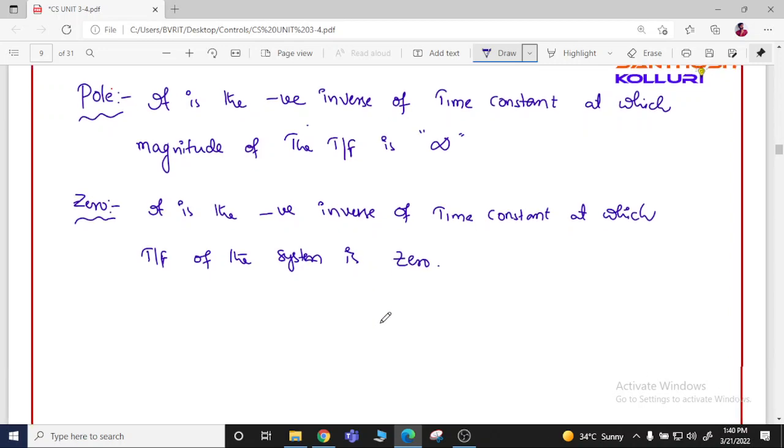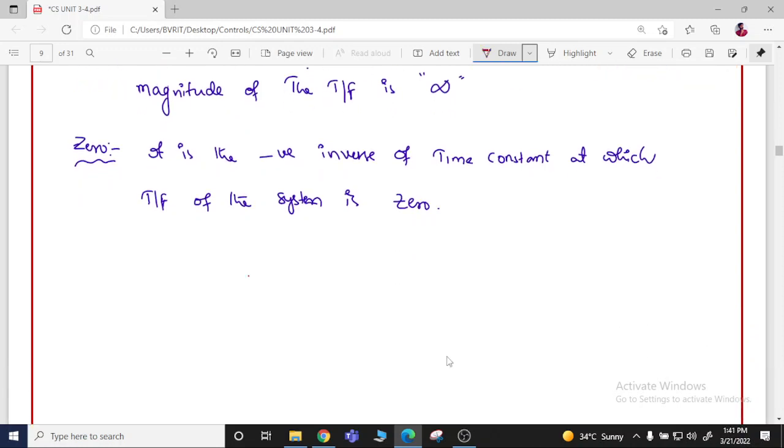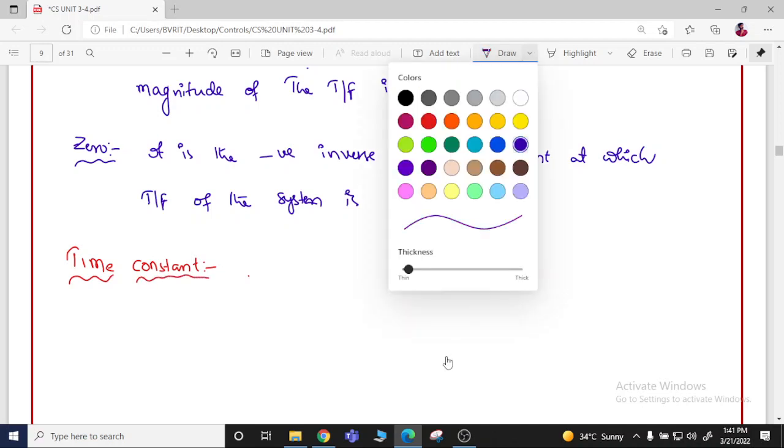So here the time constant can be defined as, next one is the time constant. So how can you calculate the time constant? For example, we are having a number of poles. There are two types of poles: one is dominant poles and another is insignificant poles.